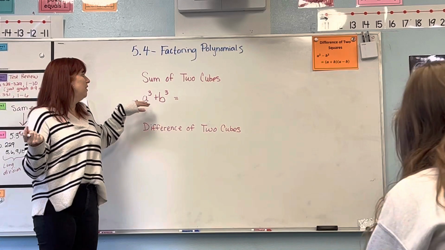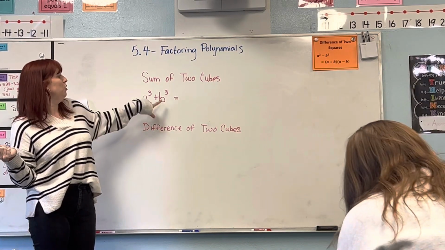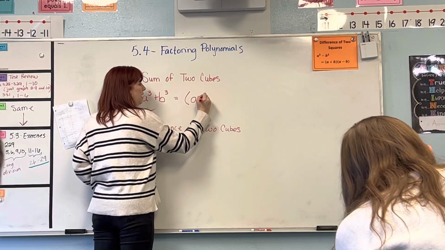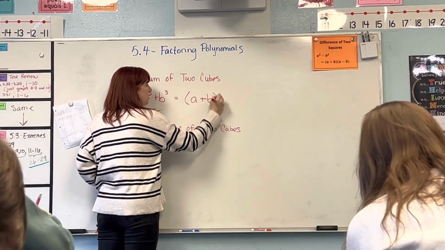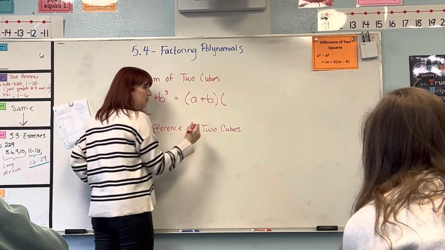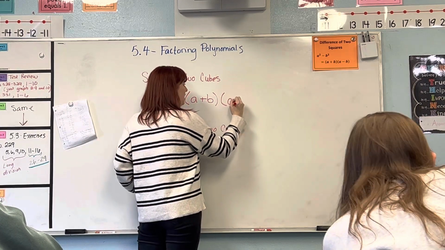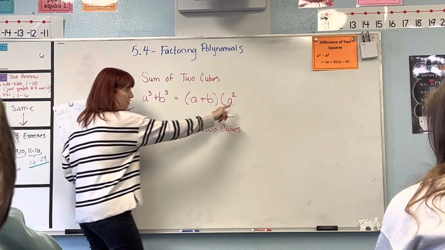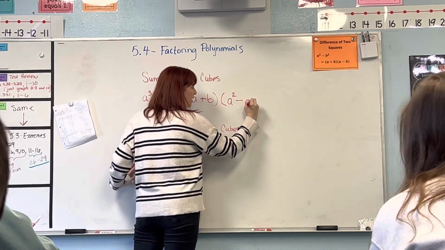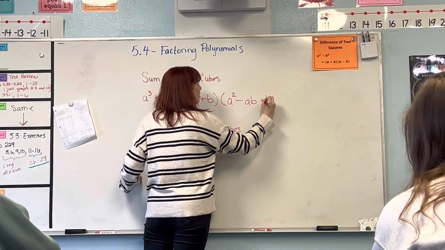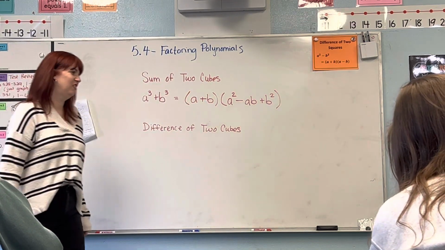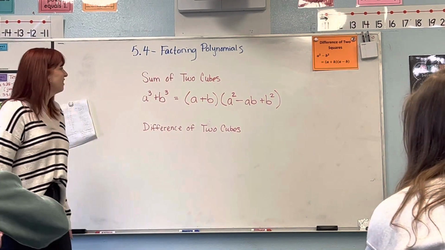This is factored into a plus b times a squared minus ab plus b squared. There's only one minus sign right here, okay? So it's like a big formula.